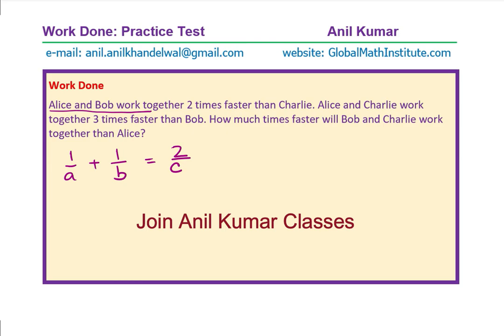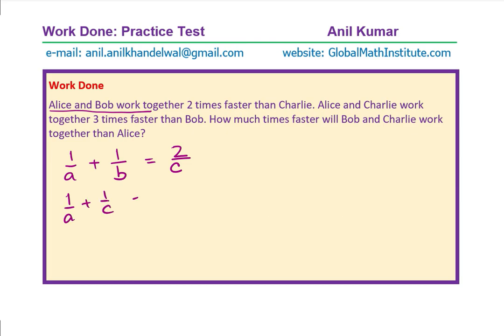Similarly, from the second statement, which is Alice and Charlie work together 3 times as fast as Bob, we get the second equation. Now we need to find how much faster Bob and Charlie will work together than Alice. So Bob and Charlie.